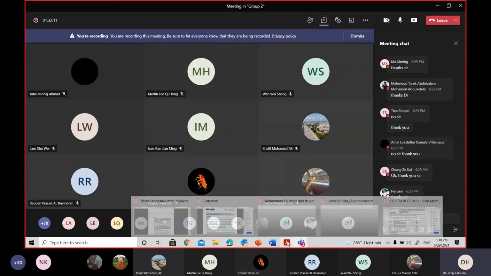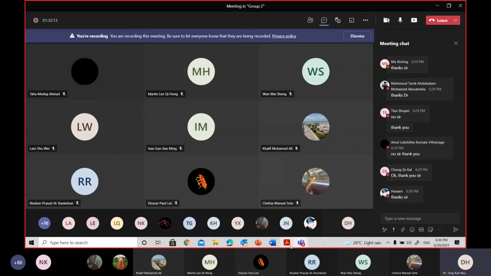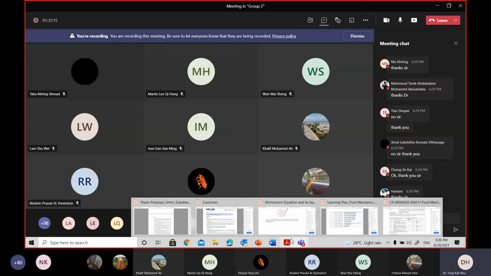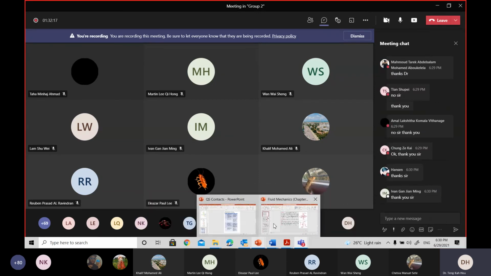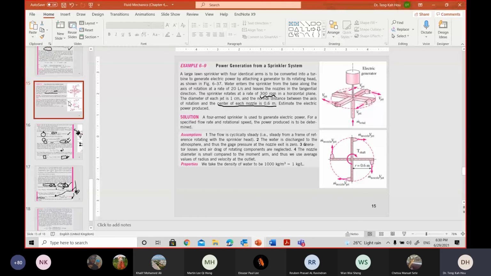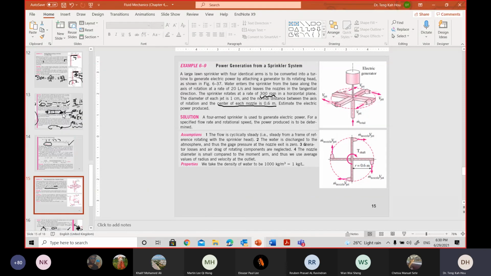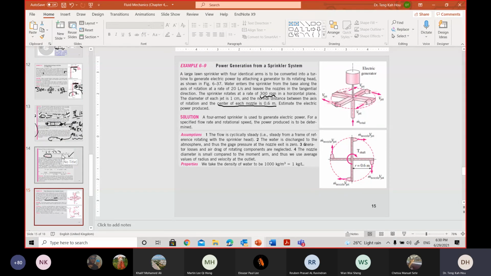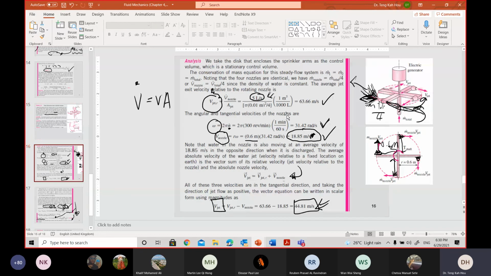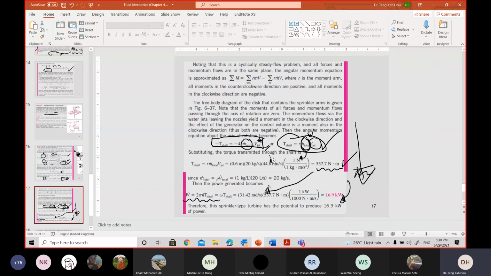The keyword is make sure you're familiar with all these fundamentals first. Don't memorize the things, because if you purely memorize the things, or memorize the answers to the questions, it doesn't help you, because in different cases you need to understand the concept behind this application, and then you can apply the appropriate formulas for that. Then eventually you will get the answer you want.